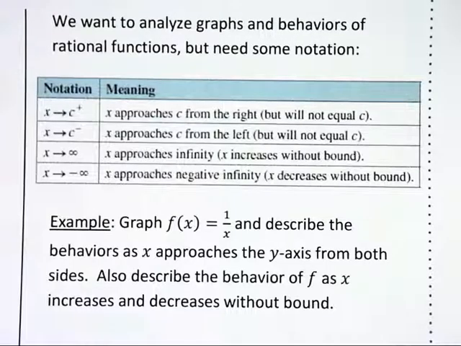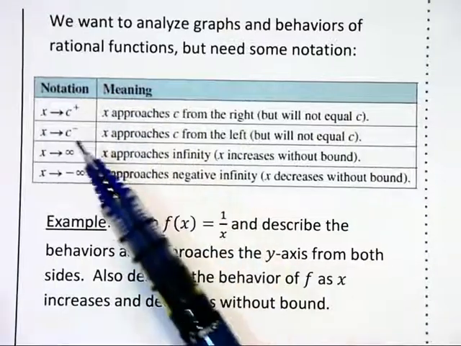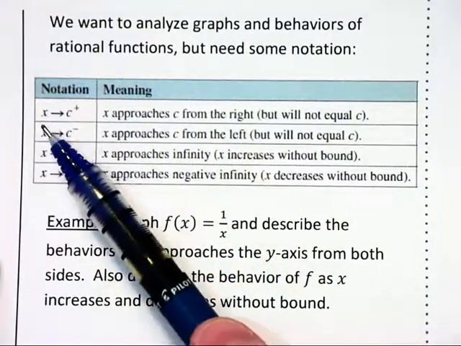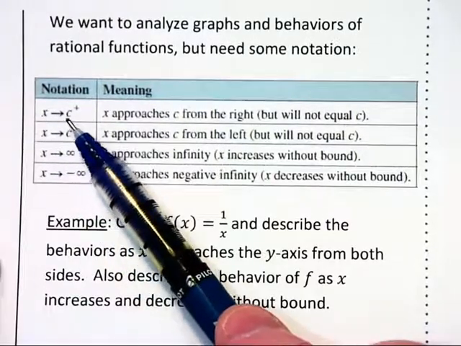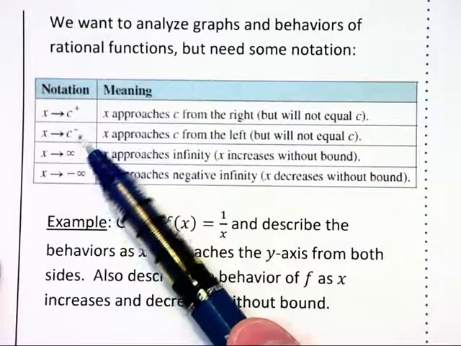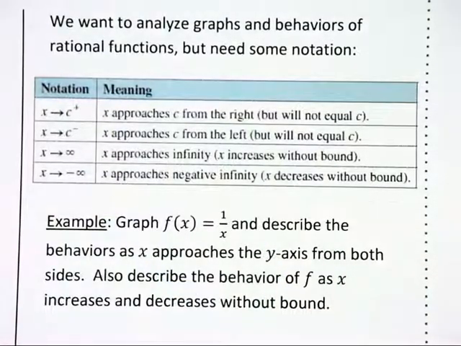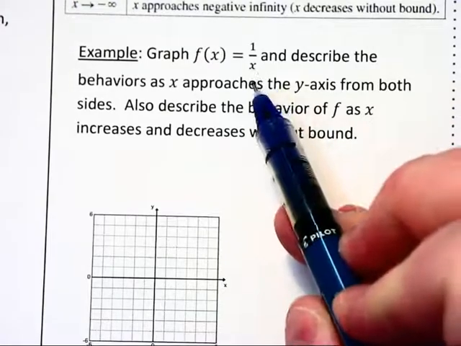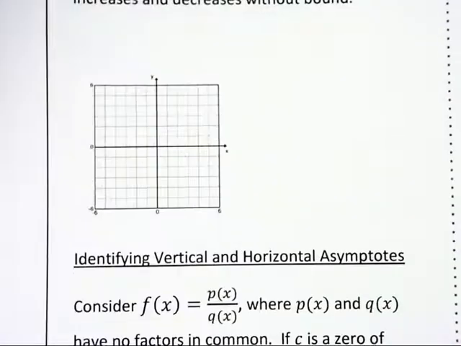We now want to analyze some notation, and every time you see these arrows, that's going to be the word approaches. And this is going to say as x approaches c from the right, or in this next case, from the left. Let's take a look at this next graph. We're asked to graph y equals 1 over x.